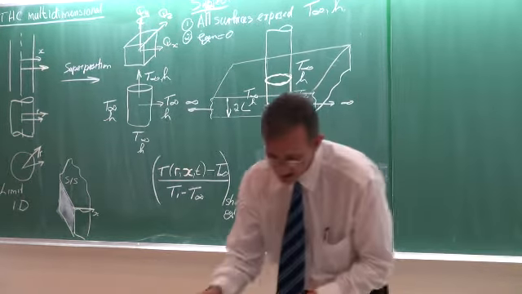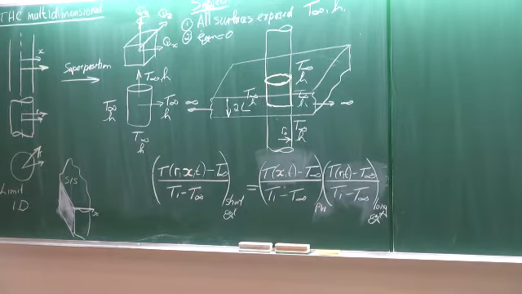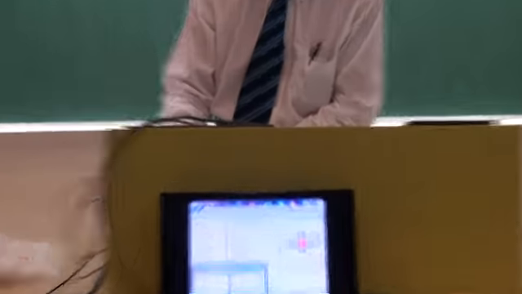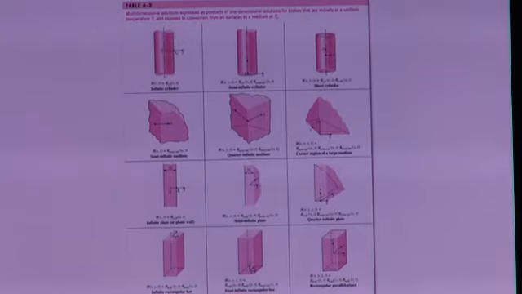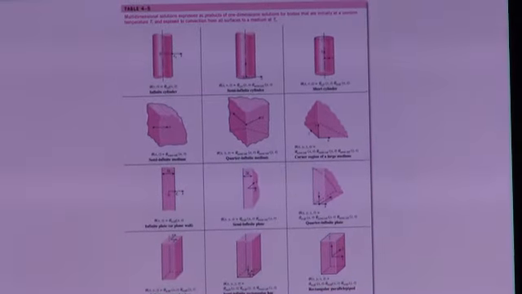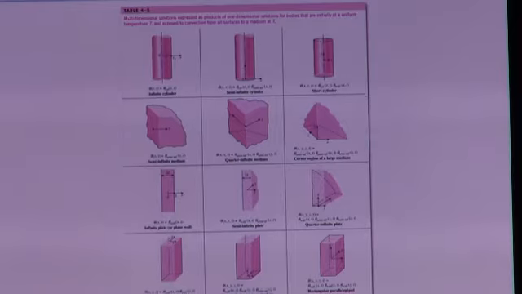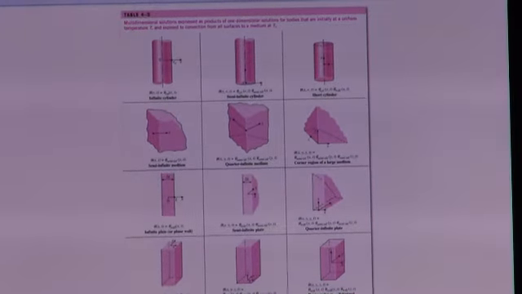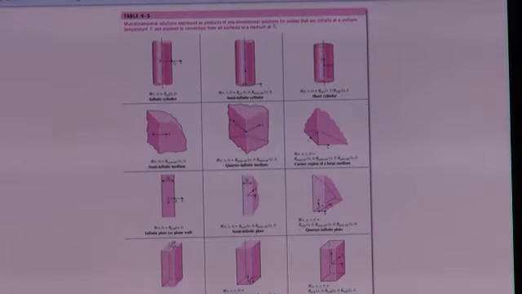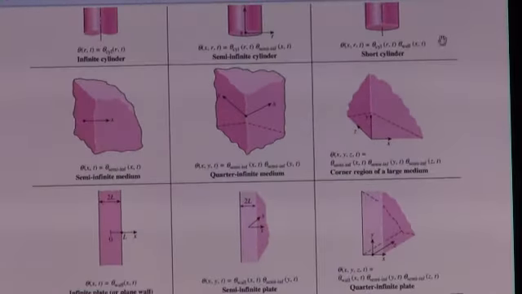So if we look at table 4.5 in your textbook, in table 4.5 you will see 12 different bodies that can be generated by using the principle of superposition. Now, most probably it is too small for you, so let me enlarge it so that you can see some of it. So there are 12 of them.